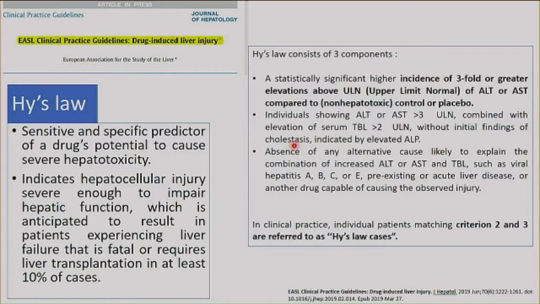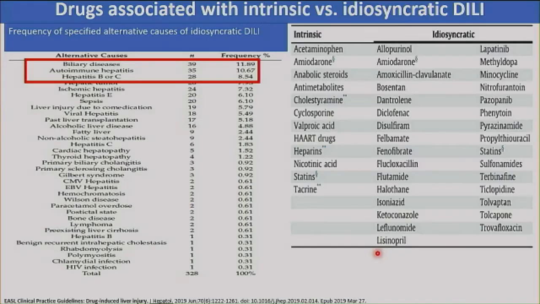And the third is, there is no other cause of liver disease that we have already confirmed, no condition that can make it icteric or increase the transaminase enzymes, like hepatitis B or acute liver disease. And this matching criteria 2 and 3 refers to Hy's Law cases, 2 from these 3.